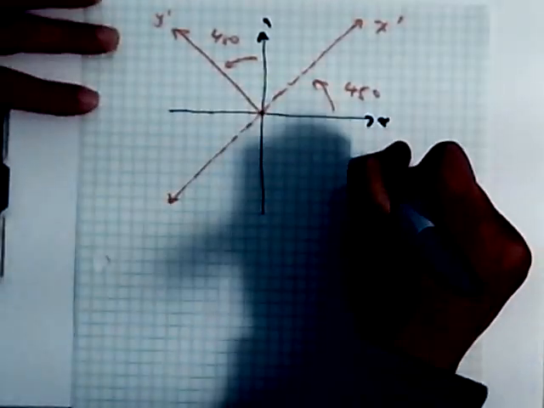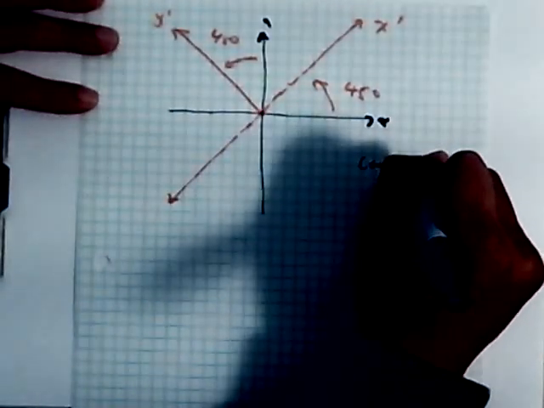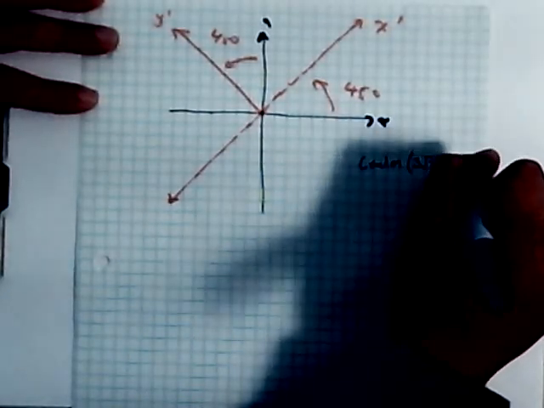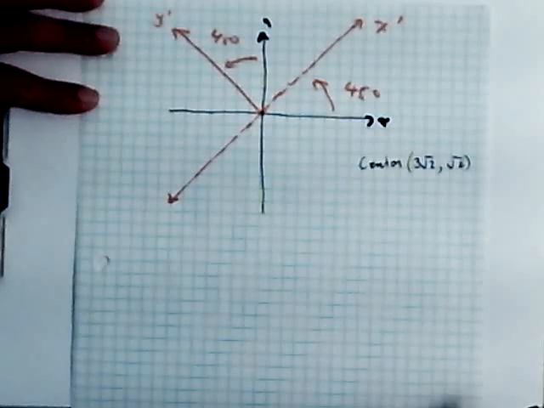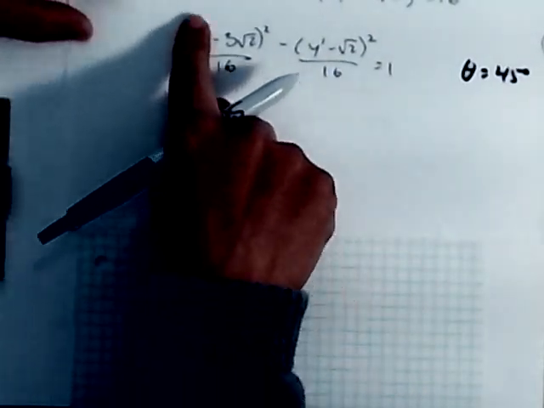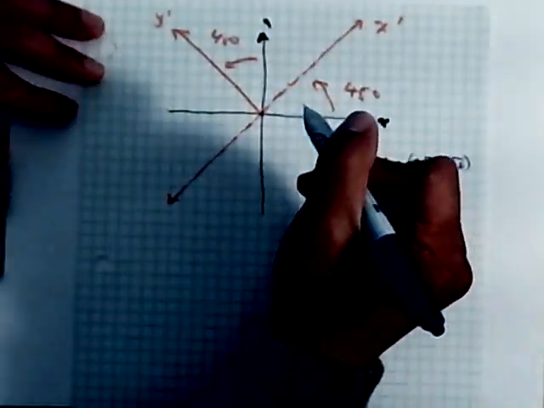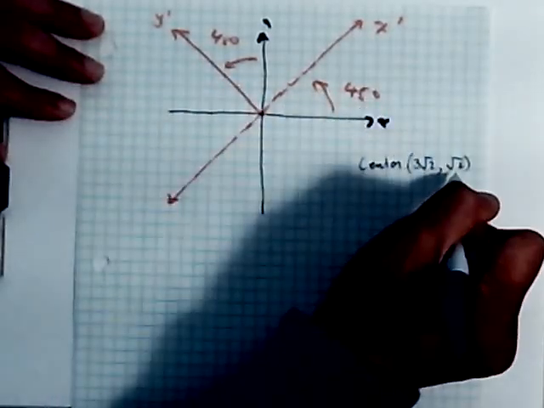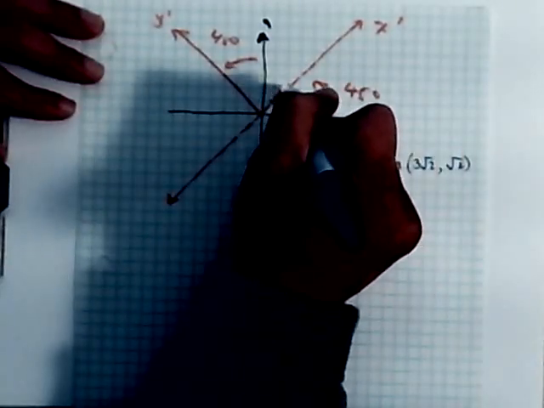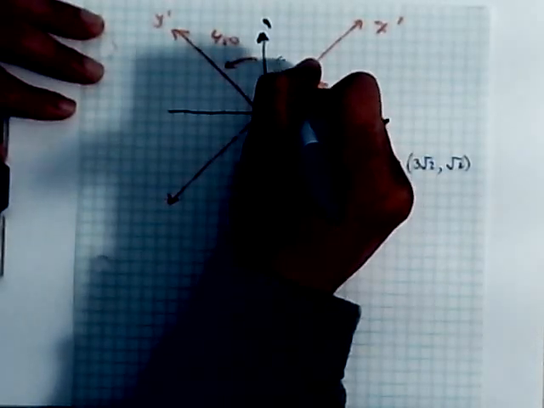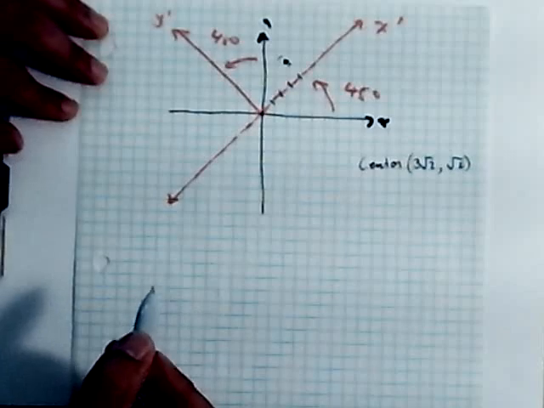Your center is at 3 root 2 comma root 2, and the transverse axis is along the x, so it's going to be an x hyperbola. So 3 root 2, I'm just going to eyeball it, and then up to root 2, 1, 2, 3, close around there, and root 2 is going to be 1.414, so it's going to be somewhere around here.